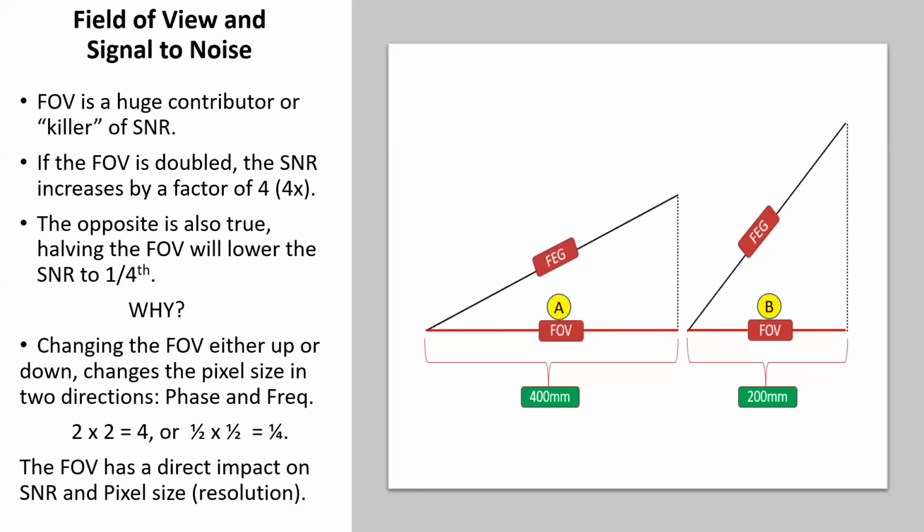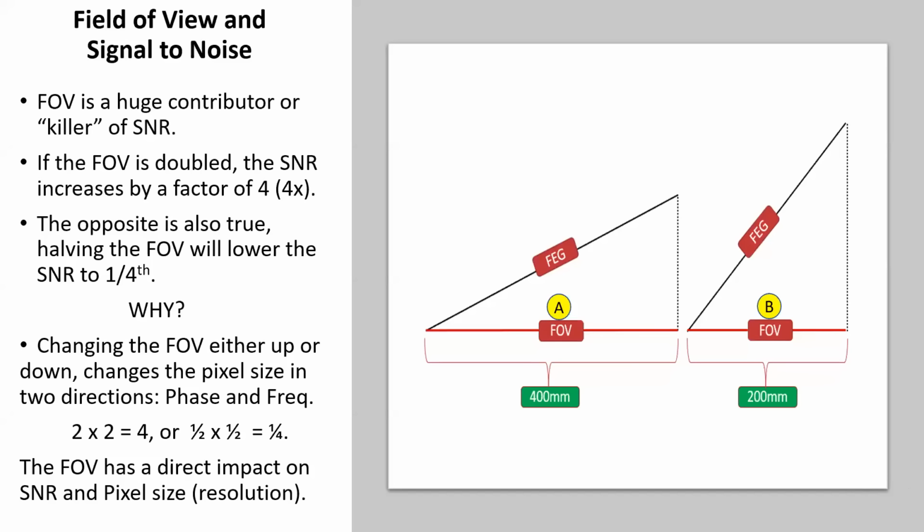So why did I say that the field of view is a huge contributor or detractor of signal to noise? Let's think of it this way. If you double your field of view and change nothing else, you're going to get 4 times your signal to noise, and vice versa.